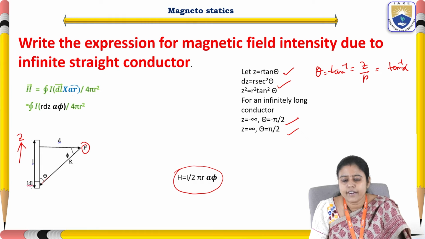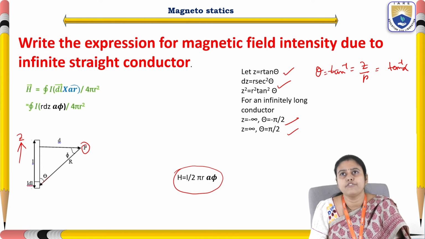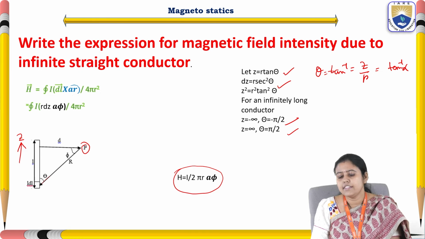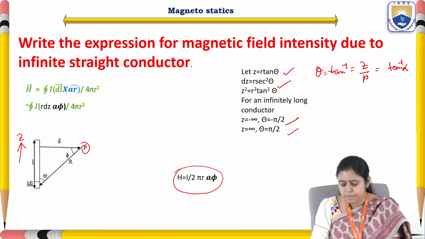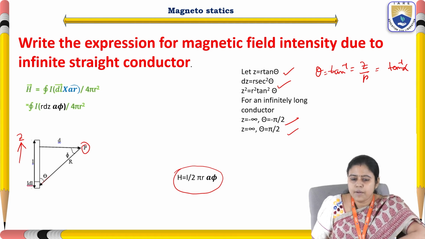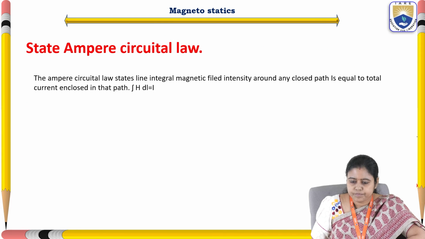So the magnetic field intensity H for a long infinite conductor is H is equal to I by 2 pi r. So this is the expression.